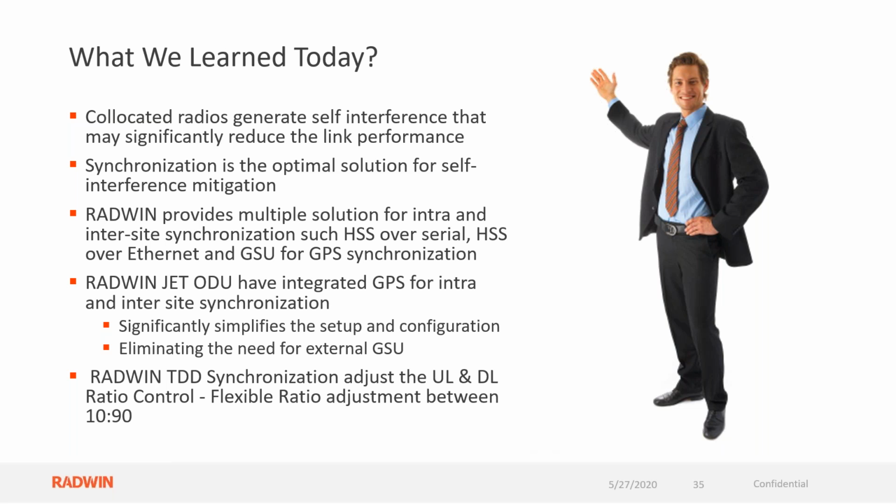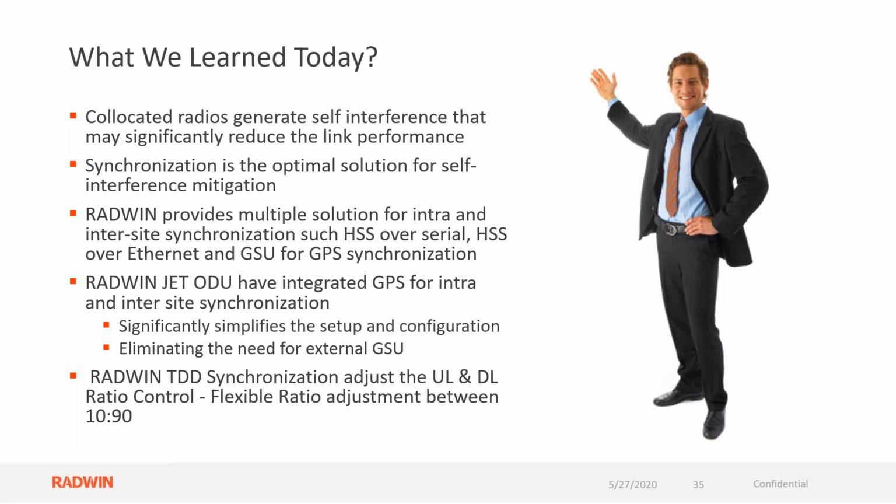Collocated radios generate self-interference that may significantly reduce the link performance. That is why we need to consider synchronization. In a dense environment, in a tower where there is more than one radio, RADWIN radios need to be synchronized. There must be a master. When a GSU is deployed to provide inter-synchronization, the GSU becomes the master.